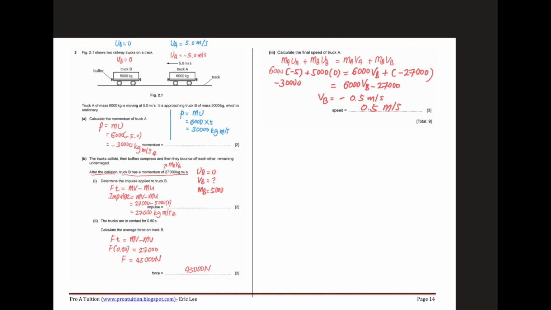Of course if you follow the blue color way, then everything seems to be very smooth. If you follow the blue color, that means this way takes 5. Then the working will be like this. 6,000 times 5, 5,000 times 0, equals 6,000 VA. Sorry, we are counting VA. It's a mistake.